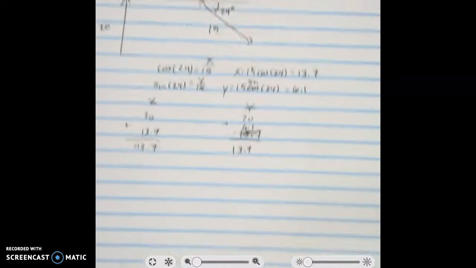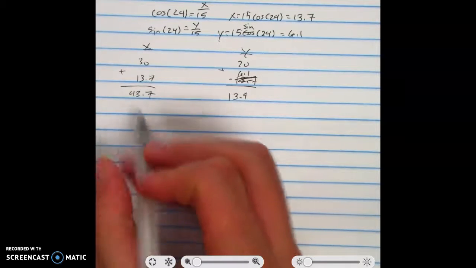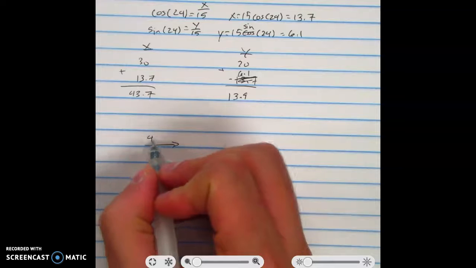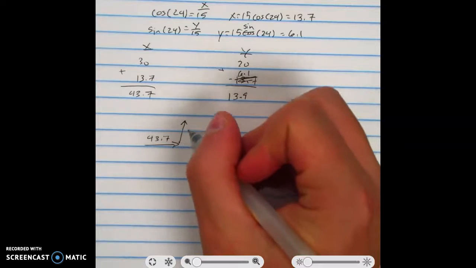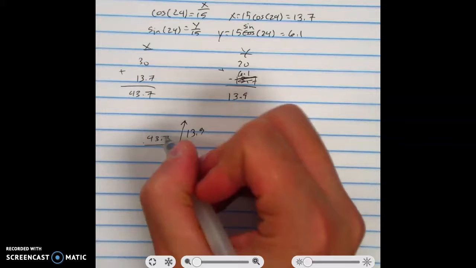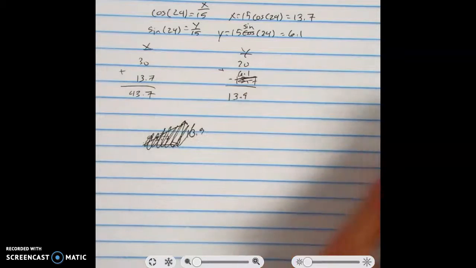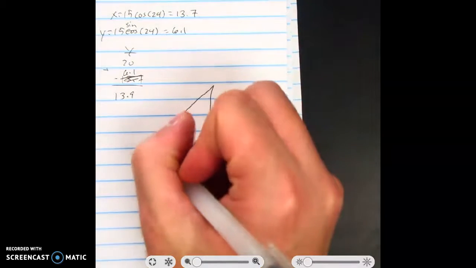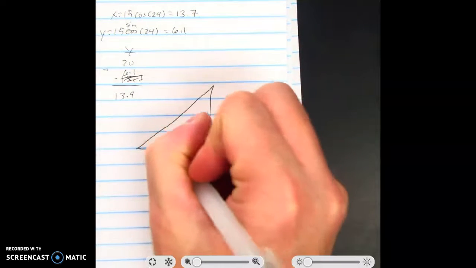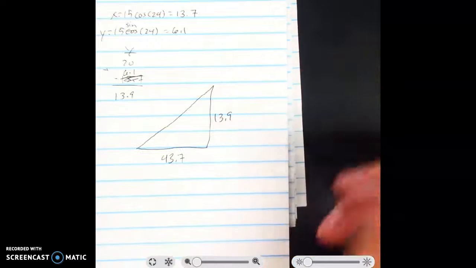Okay. So now we can create a brand new right triangle. So this positive 43.7. This silly positive 13.9. So we then can create our right triangle. Oh my gosh, I'm losing it, kids. Boom. Okay.